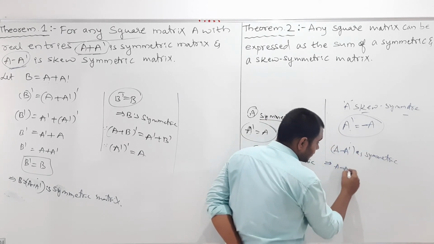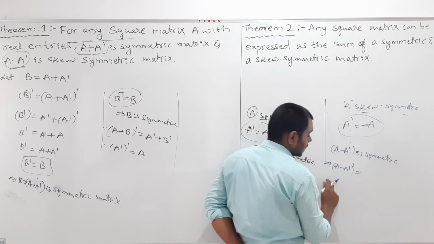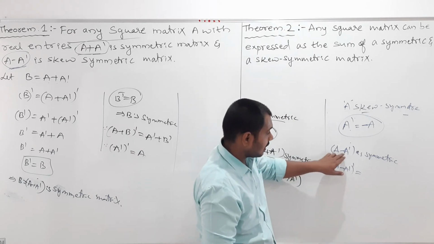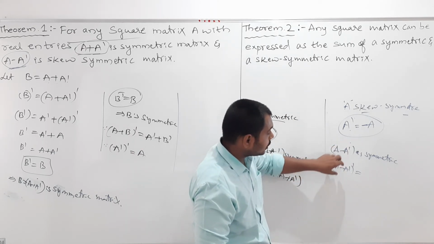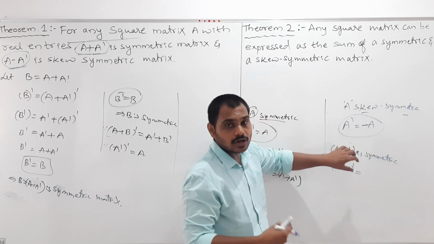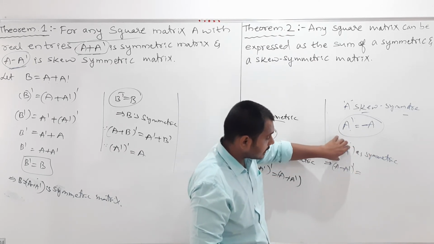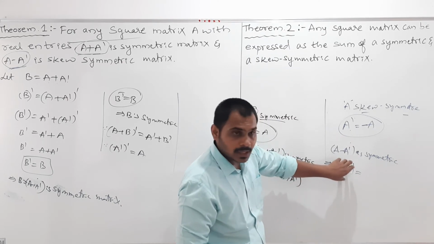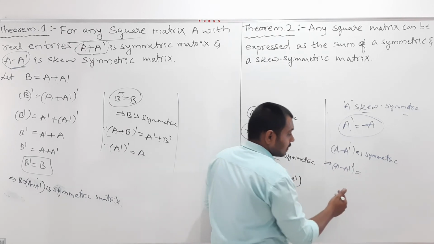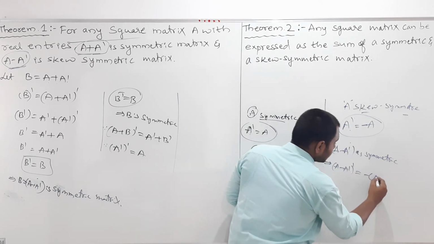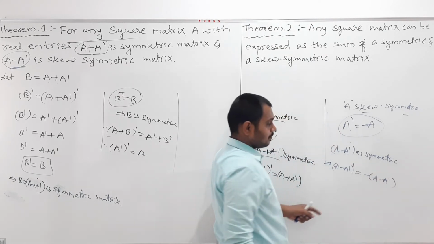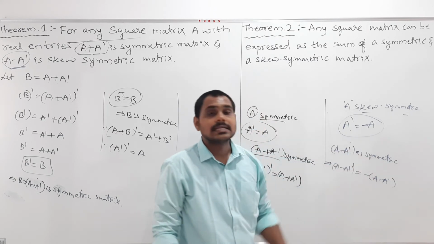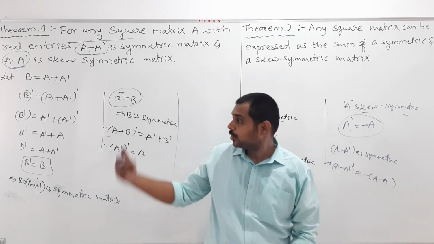I should take the transpose of this, A minus A transpose whole transpose. Consider for the time being this A minus A dash as one matrix. If I take the transpose of this, that is A minus A dash whole transpose, it must be equal to the negative of that matrix, that is minus of A minus A transpose. If this condition is satisfied, then we can say that A minus A dash is a skew symmetric matrix. This I am going to prove here.